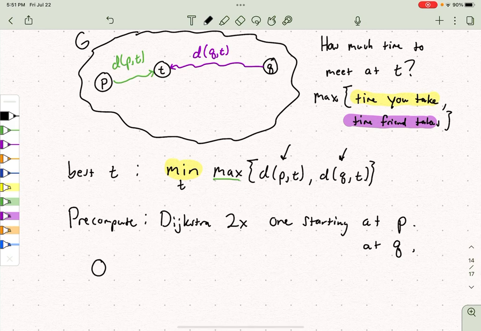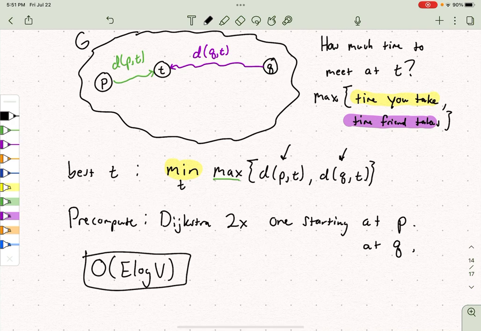Overall, this is going to be O of E log V, because we run Dijkstra twice, so that gets absorbed into the big O. We don't care about constants. And then to do the minimum, well, this minimum is over all possible intermediate nodes, so that's just O of V time to do. To be precise, it'll be something like O of V plus E, but either way, it'll get dominated by the O of E log V. So that's our total running time.